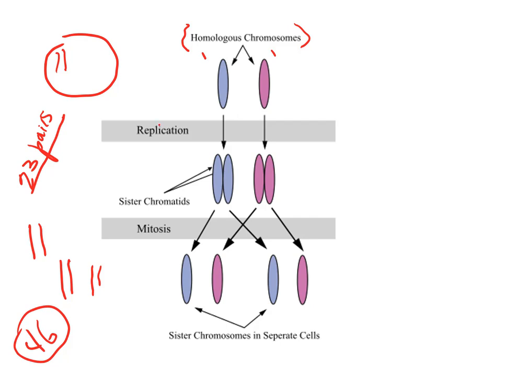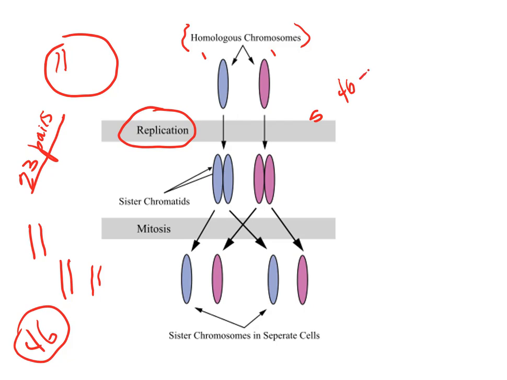Now remember that when the cell is just about to replicate, just about to divide, in the S phase of that cell, the DNA will double, right? So we have a certain number of chromosomes.